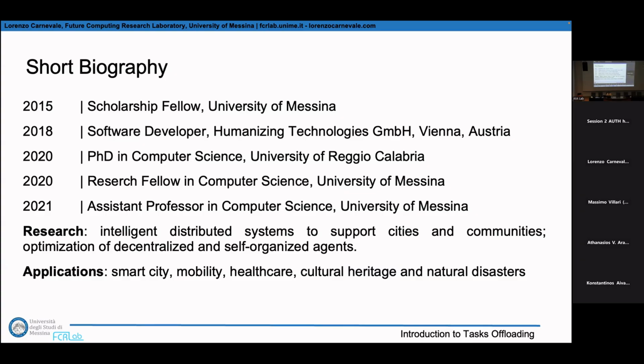So my research has many applications: smart city, mobility, healthcare. But what I'm going to discuss at the end of the presentation is the application of offloading in TEMA, the European project that we are carrying on along with the Thessaloniki University.